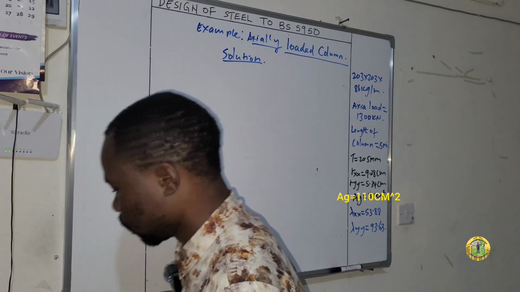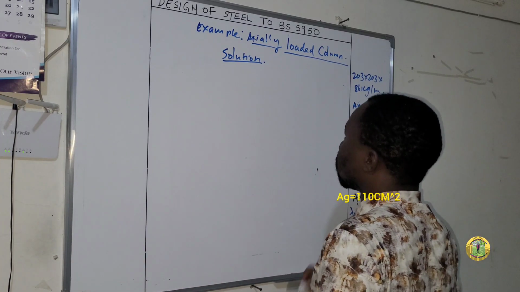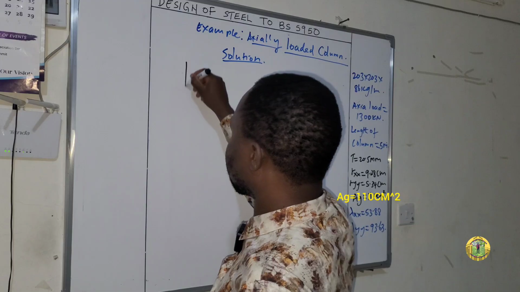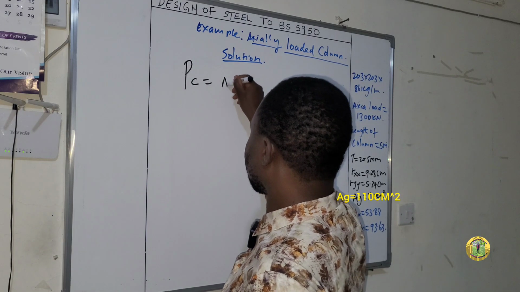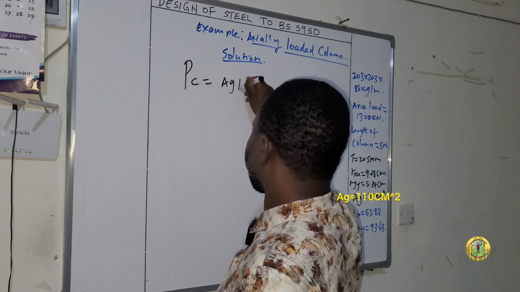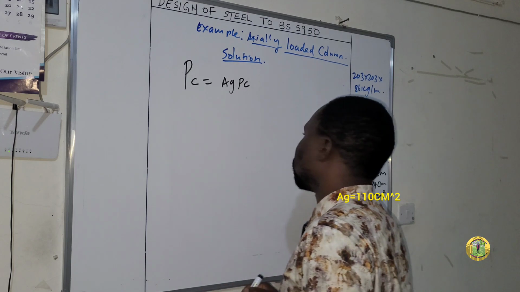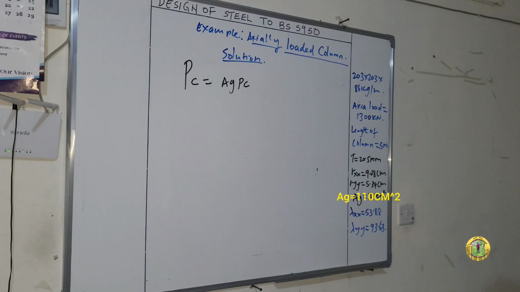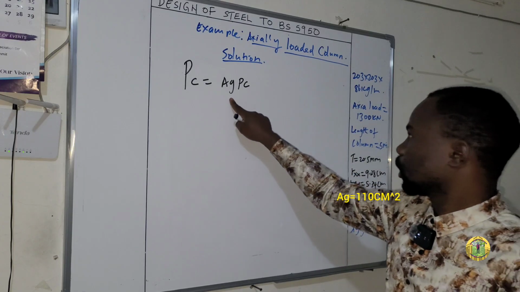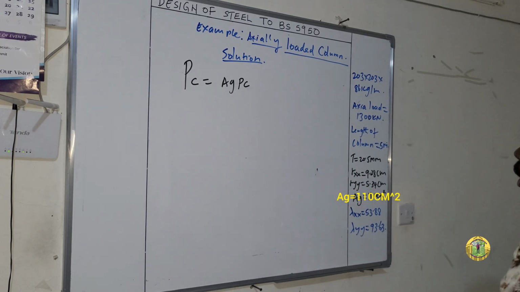So we know that Pc is equal to Ag times pc, whereby Pc, capital P subscript C, is the compression resistance, and Ag is the cross-section area.